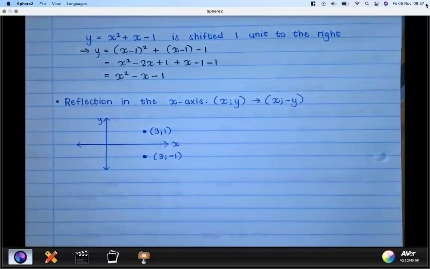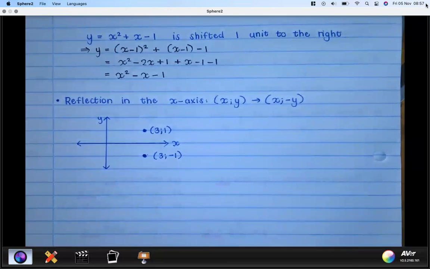Now we apply what will happen to a point to the actual equation, because if you have a graph and you reflect the whole graph in the x-axis, remember a graph consists of an infinite number of points that have been joined together. We only plot a few of them, enough to get an accurate shape representation of the graph, but in fact a graph consists of millions of points. Everywhere on that graph, we can identify a point.